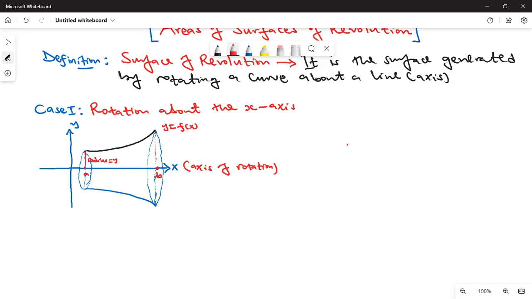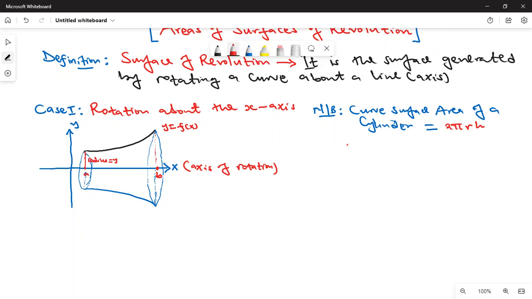Remember how to find the curved surface area of a cylinder. I want us to take note that the curved surface area of a cylinder is equal to 2 pi r h, where r is the radius of the base and h is the height of the cylinder.